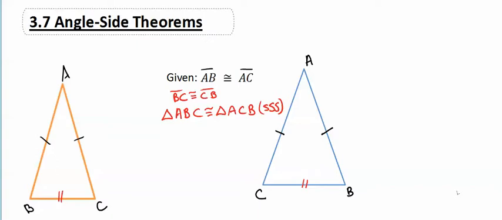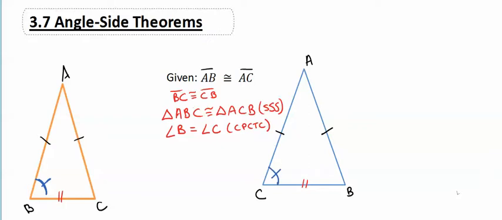And once we know that all the sides are congruent and the triangles are congruent, we can then say that angle B will be congruent to angle C based on CPCTC: corresponding parts of congruent triangles are congruent. Notice that the B is in this position and the C is in here.